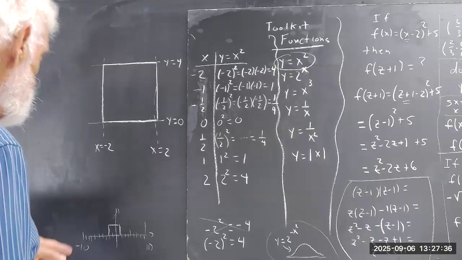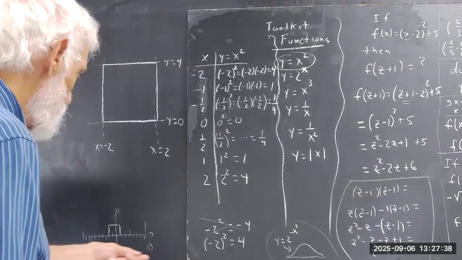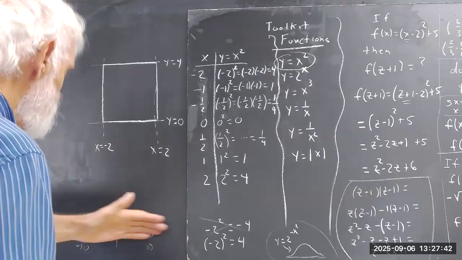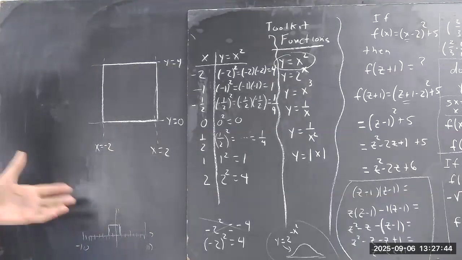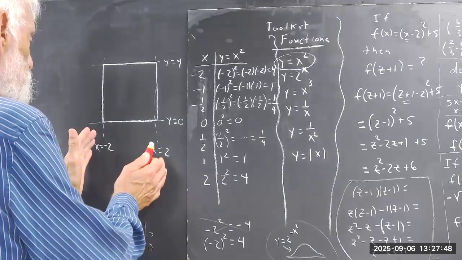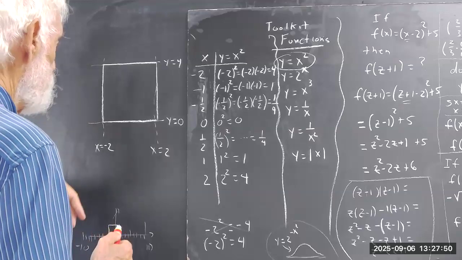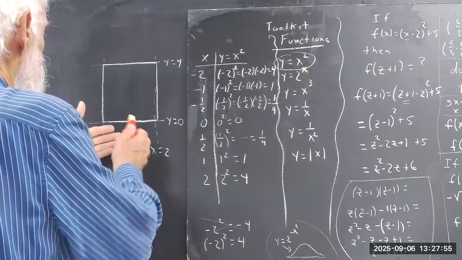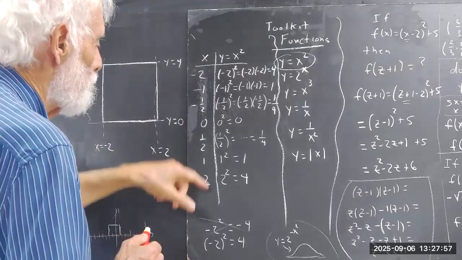Okay, so you don't automatically make a table from -10 to 10. You could make a set of coordinate axes from -3 to 3, -2 to 2 would fit in that pretty nicely. And you don't need to go from 0 to 10 here. 0 to 4 suffices for this table.